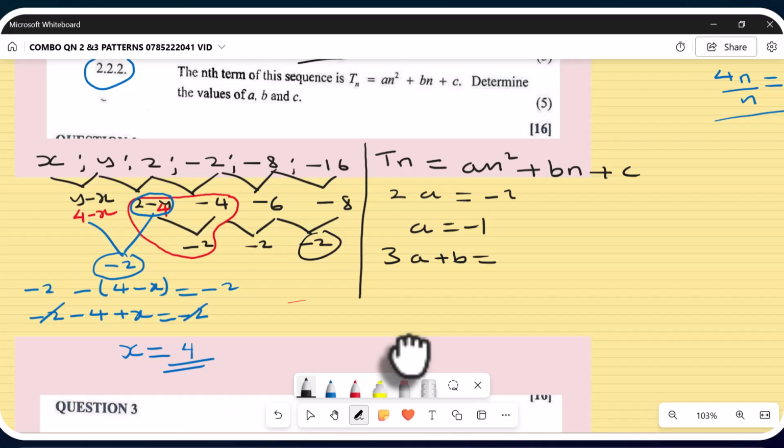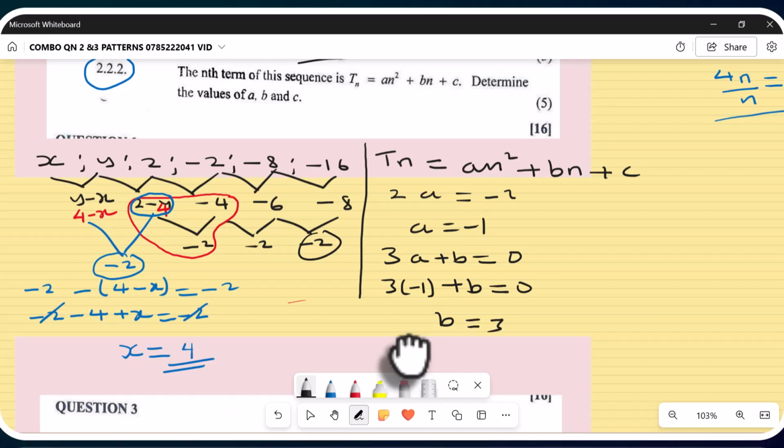That's the answer there. They ask us to calculate the sum of the first 7 terms, so we want S7 now. Our S7 is given by a into 1 minus r to the power 7, divided by 1 minus the common ratio.